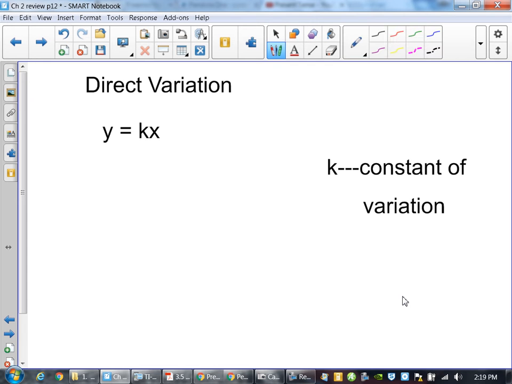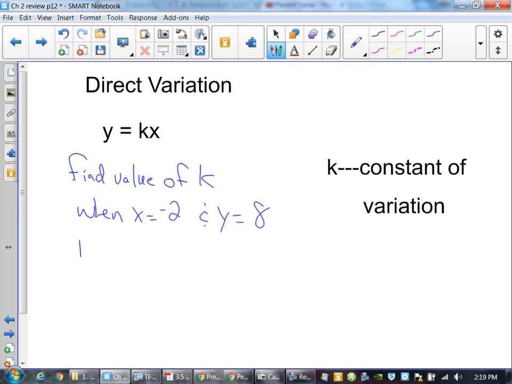What happens here is that it'll say, find the value of k when x is -2 and y is 8. Then solve for y when x is 7.